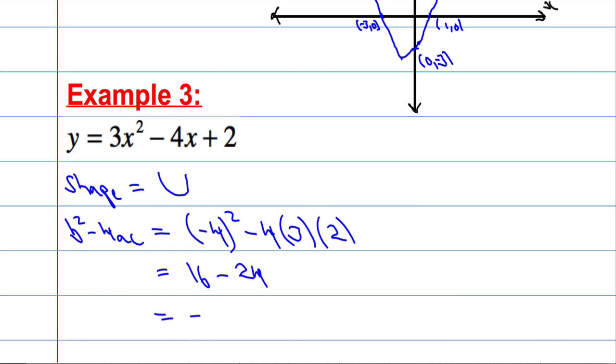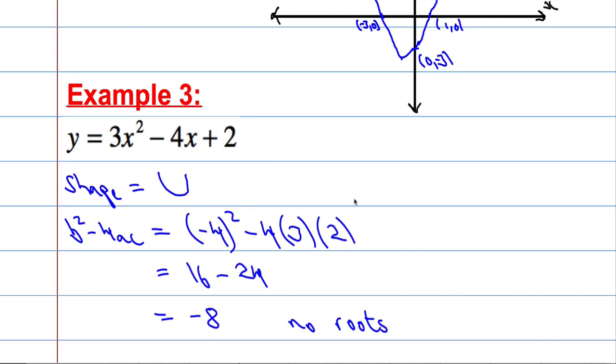So this is negative 8. So this has no solutions. No solutions, or no roots. No real solutions. There are complex numbers, but you don't need to worry about them. No real roots.